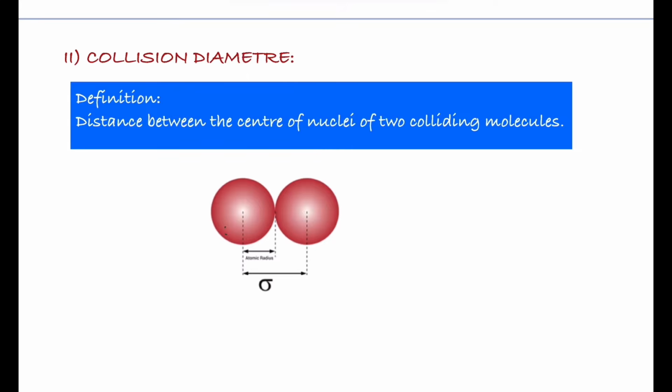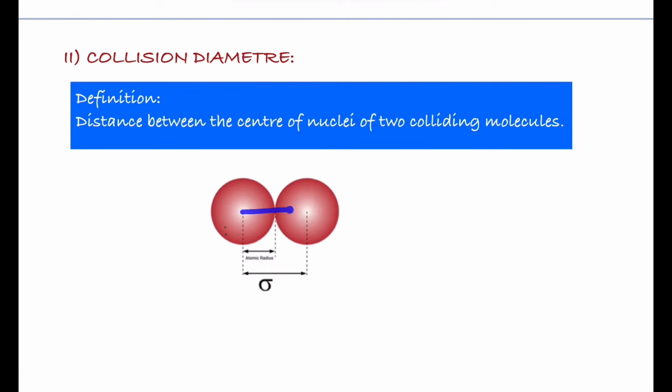So another collision parameter is collision diameter. So let us understand the definition of a collision diameter. This is the distance between the centers of the nuclei of two colliding molecules. So this is molecule 1 and this is molecule 2, and these two are undergoing collision, and this is the center of the first molecule and this is the center of the second molecule.